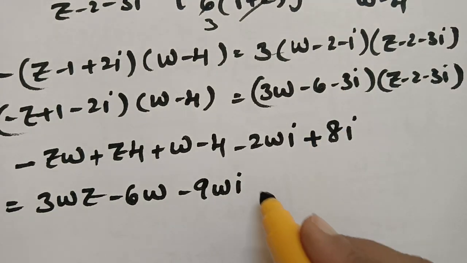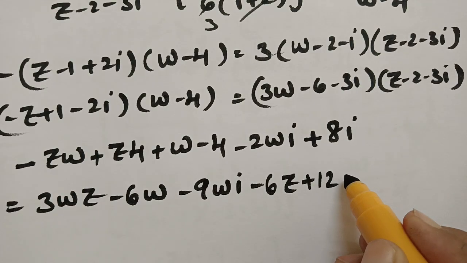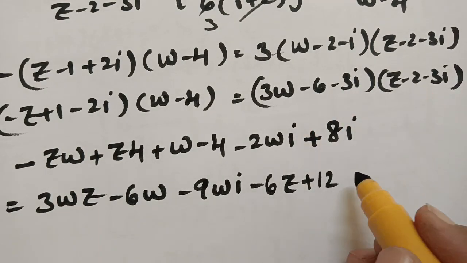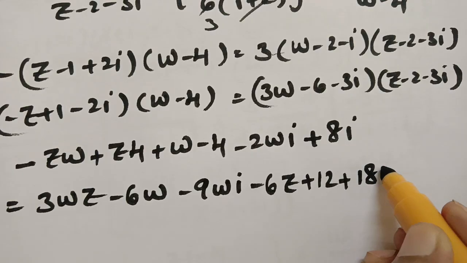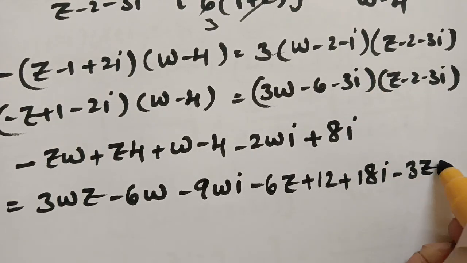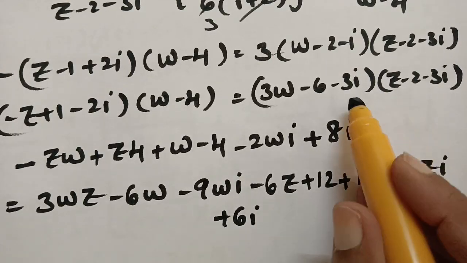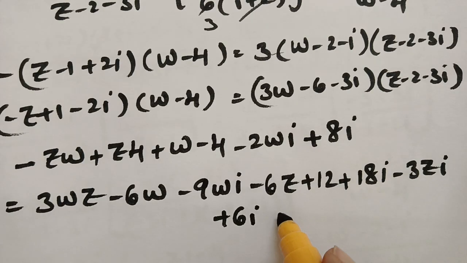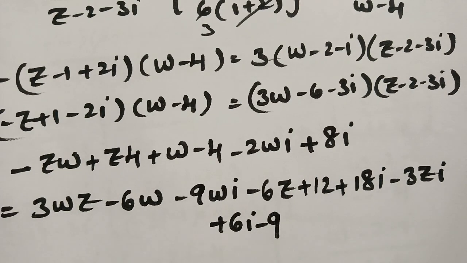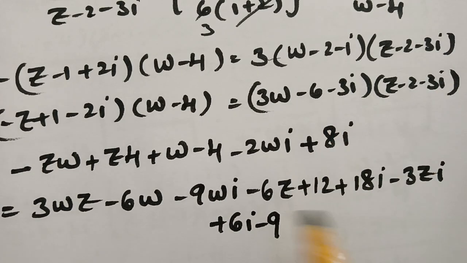So if I multiply, this is minus 6 plus 12 and this value is plus 18i, and this value is minus 3zi, and this value is plus 6i, and this value is going to become, this is minus into minus plus, i square is minus. Clear? So this value is 3 3s are 9, minus into minus plus, i square is minus 1.